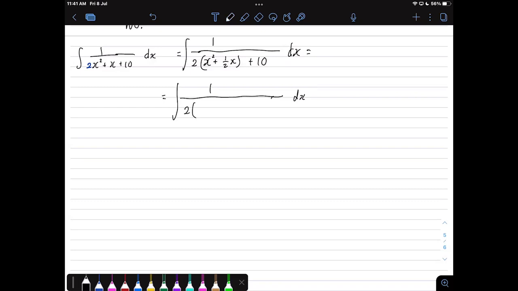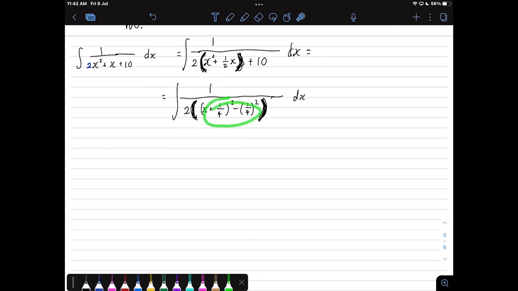Now we can complete the square. So x plus, take half the coefficient of x, that's 1/4, right? Close the bracket, square, minus that same number, half the coefficient of x, squared. Don't forget to close the bracket. There's a 2 that was factored out from this pair of brackets. Maybe I make it extra thick so you can remember that the 2 is only applied to the first two terms.